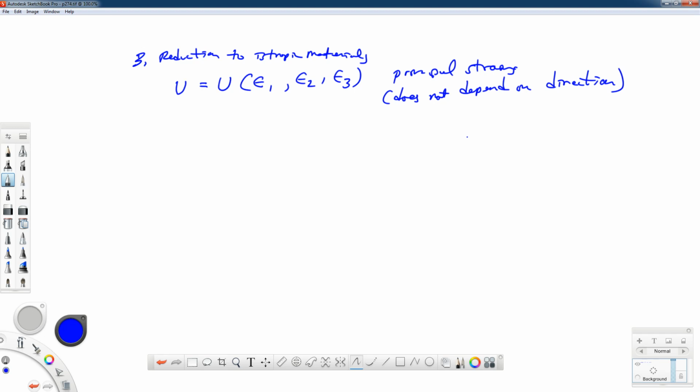So if we take a look at our notation that we had written down previously with our C's, then we can get a particular form for our function U. It's going to look like C11 epsilon 1 squared. And I'm going to go ahead and write down the rest of these. I may not say them all, but we'll have some terms that deal with C12 epsilon 1 epsilon 2. Basically, we're going to have all the different combinations of our principal strain terms.